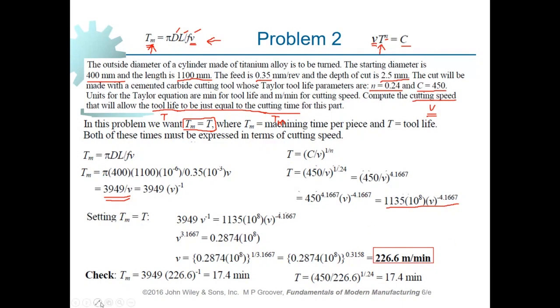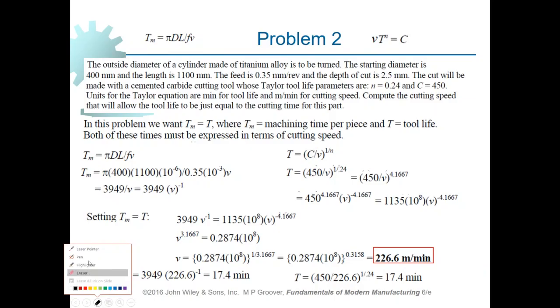Well, let me ask you a question now. On the basis of what we have learned in this problem, what happens if we want to compute the cutting speed in a way that a cutting tool can be used for machining 2 workpieces instead of 1?